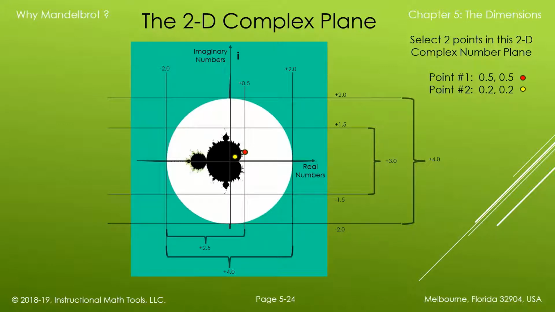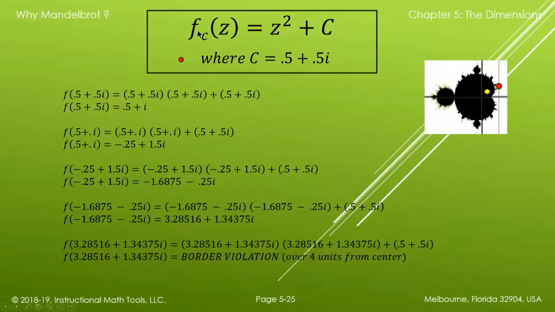Before we talk about 3 dimensions, let's talk about how Mandelbrot handles 2 dimensions. Here's an example of 2 points. One point is not a member of the Mandelbrot set, and one is a member. Here is how it's handled in the recursive equation. The equation is fed the red point right there, and it results in this component.